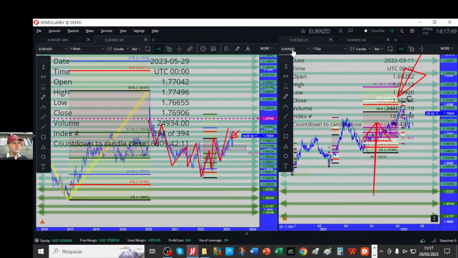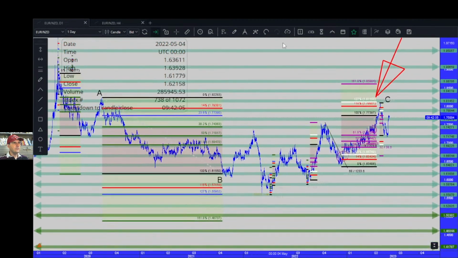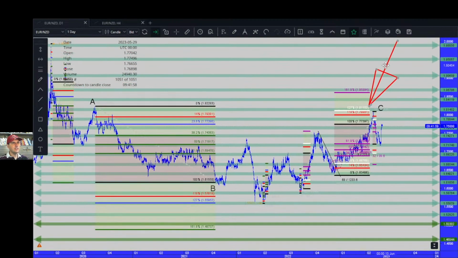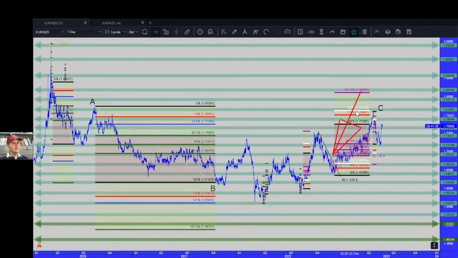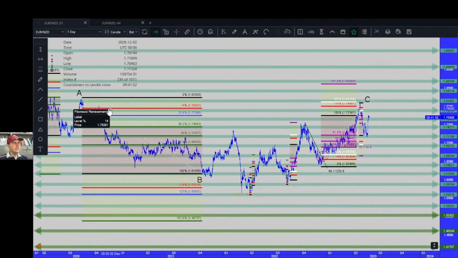Alright? So let's make a poll, everybody. One more time, we need to learn the Fibonacci of the confirmation, but we are here. What do you think in the coming weeks?